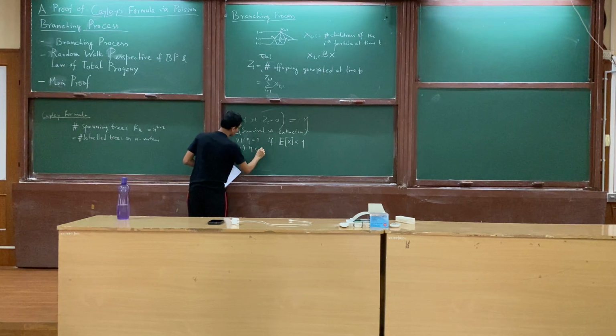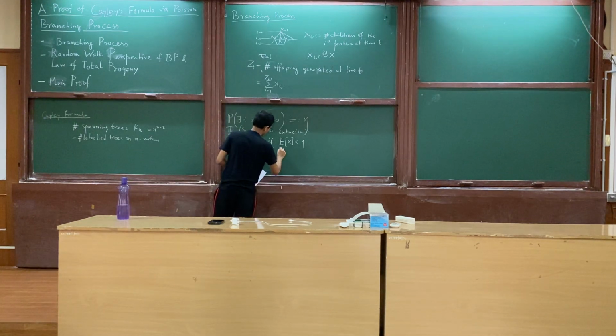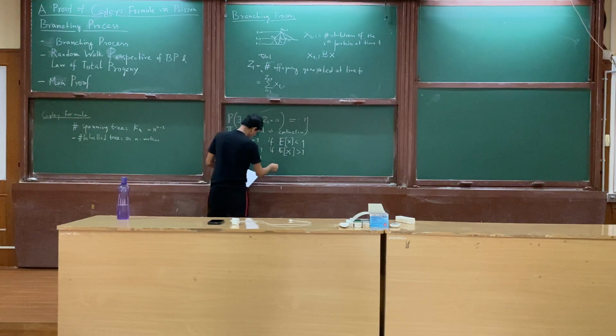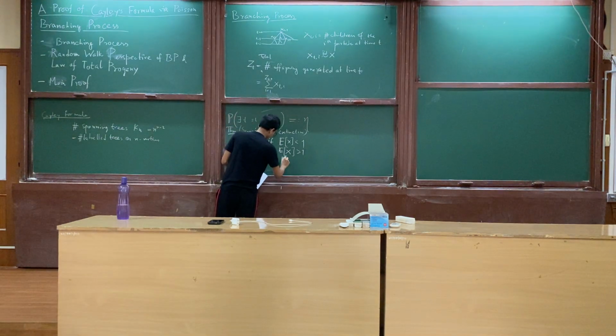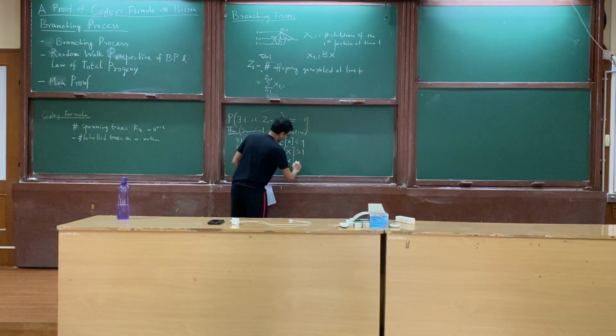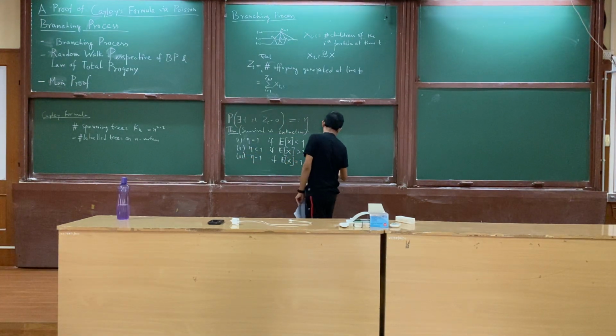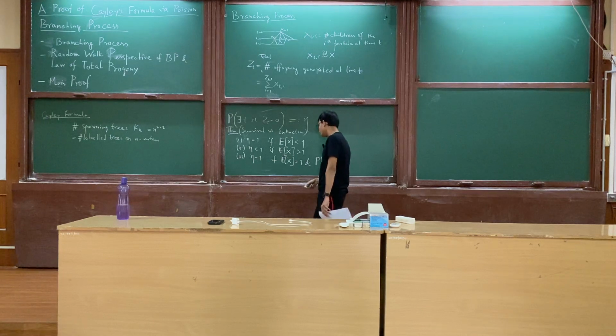It has lesser probability of extinction if this expectation is greater than 1, and again it will get extinct if the expectation of X equals 1 as well as the probability that X equals 1 is less than 1.